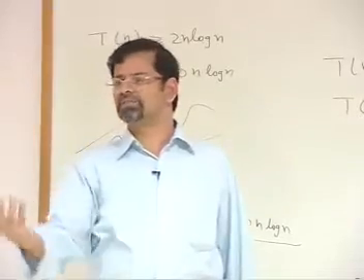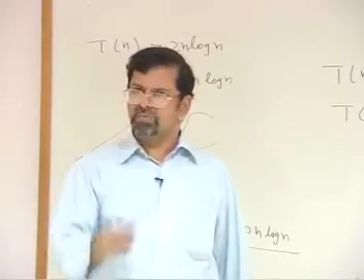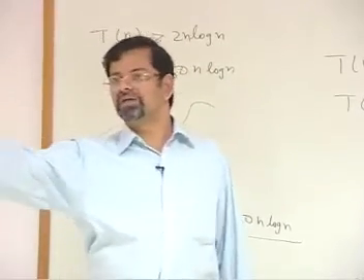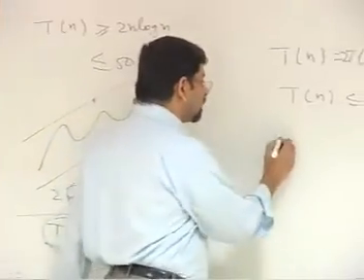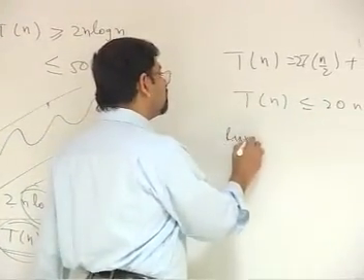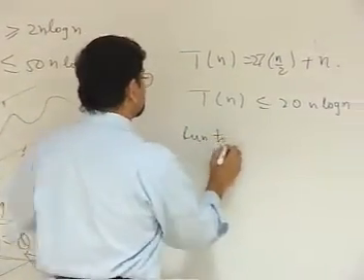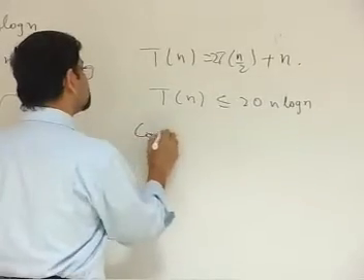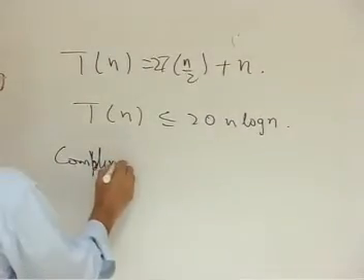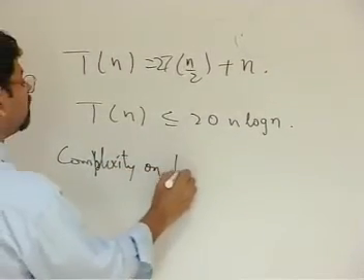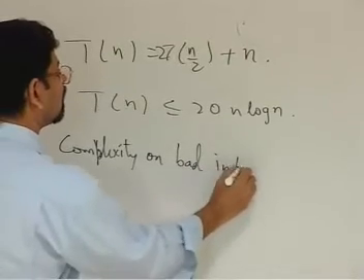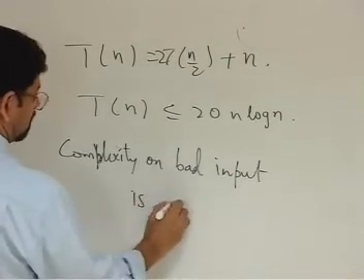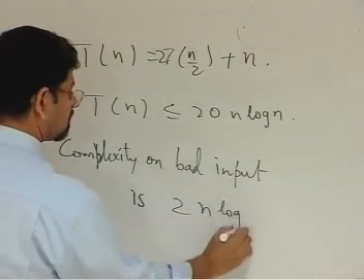Just get a bad example. When you get a bad example, you can explicitly count, and suppose you are able to show that the complexity on the bad input is 2n log n.